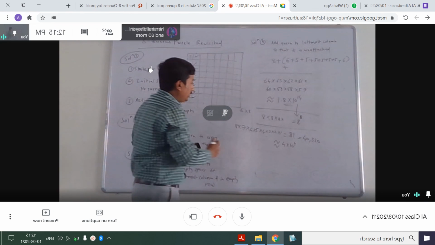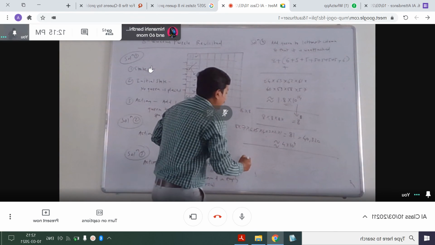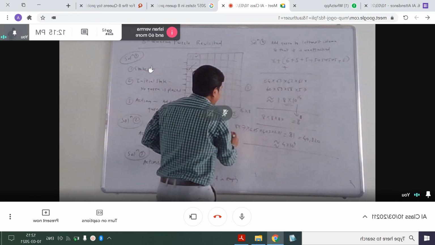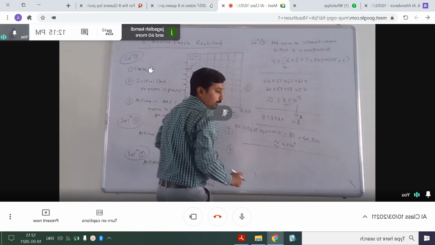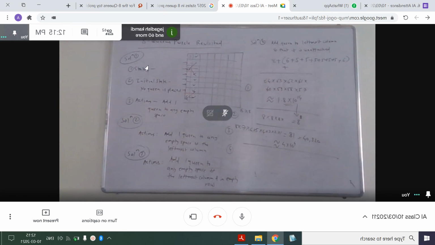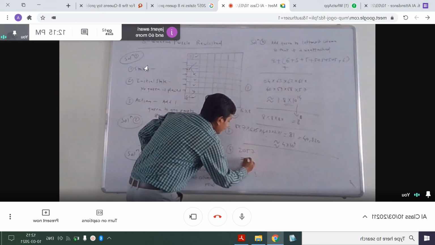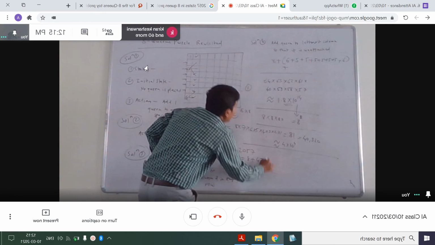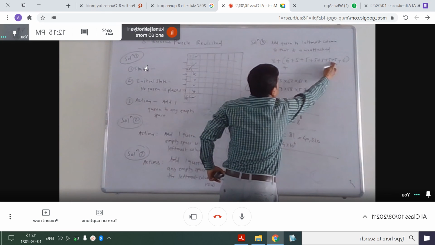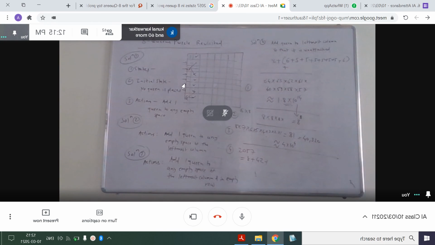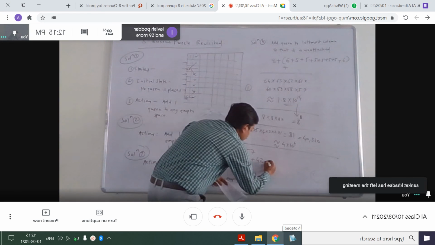And that answer will come out to be, I am writing the answer. So this is the number of states for the first solution, and for the second, third and fourth. For the fourth, the number is 2057, and this comes from the addition of 30 plus 12, that is 42, plus 40.